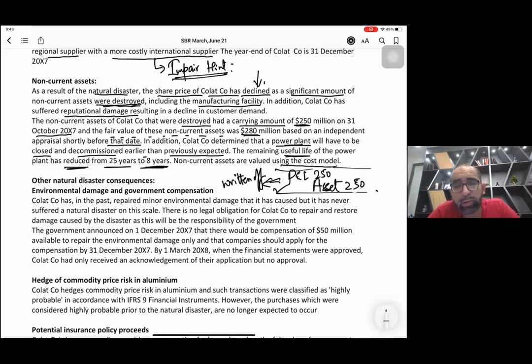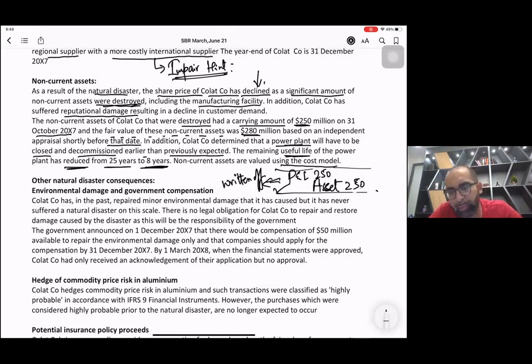And yes, this is also an impairment hint, because previously your future cash flows were related to 25 years and now only 8 years. So your future cash flows will be reduced, your value in use will be reduced, and this is an impairment hint.